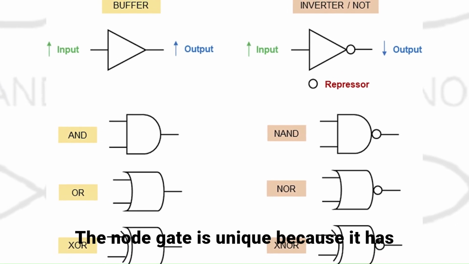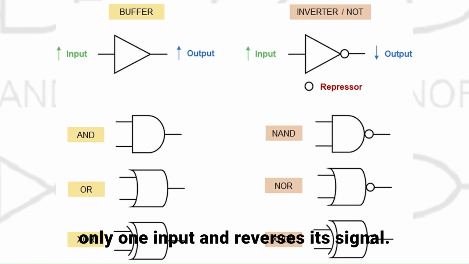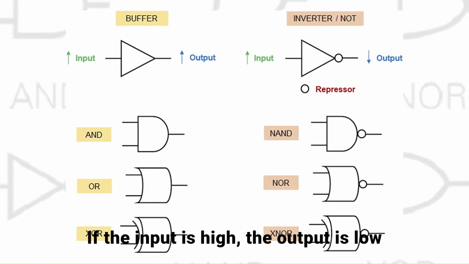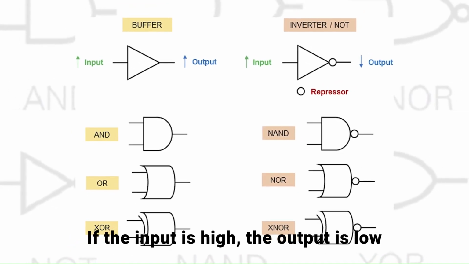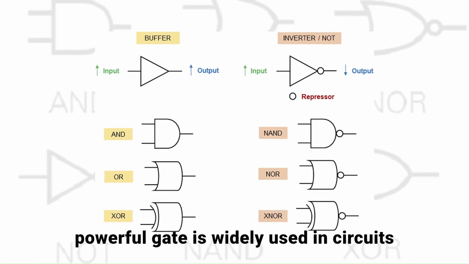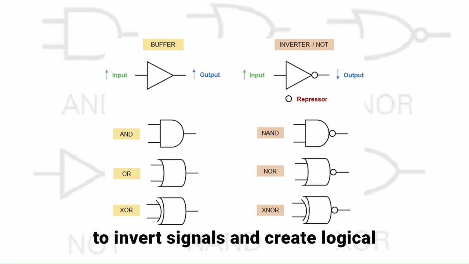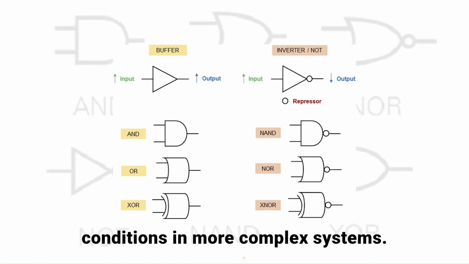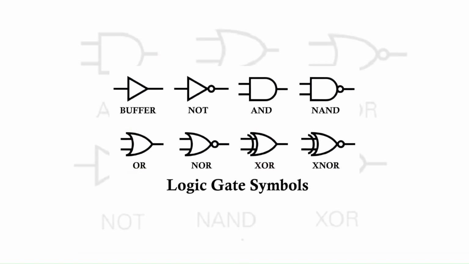The NOT gate is unique because it has only one input and reverses its signal. If the input is high, the output is low, and vice versa. This simple but powerful gate is widely used in circuits to invert signals and create logical conditions in more complex systems.